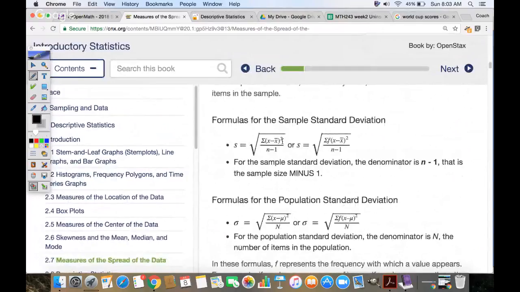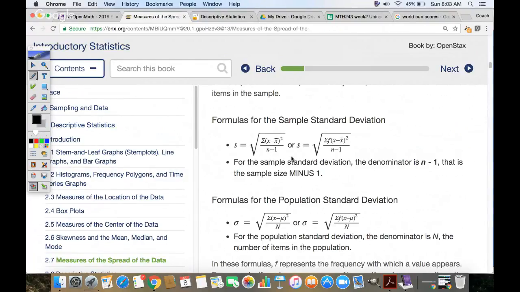So basically what this formula says is for a sample, take every x value, every number in the data, and subtract the mean from it. Then square those numbers. And then this right here is Greek sigma, means add them all up. Okay, so like I did earlier, but I'm adding up the squares of the differences, the square deviations. Then in a sample, you divide by n minus 1, so the sample size minus 1, and then you take the square root of all of that.